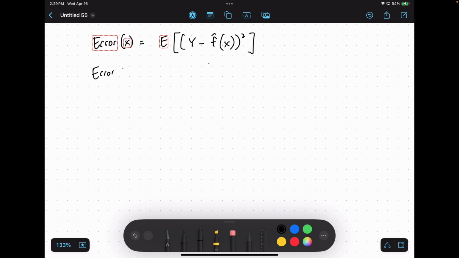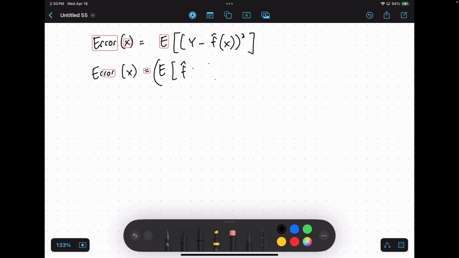And I can take this equation and expand it out, and it would end up looking something like this.